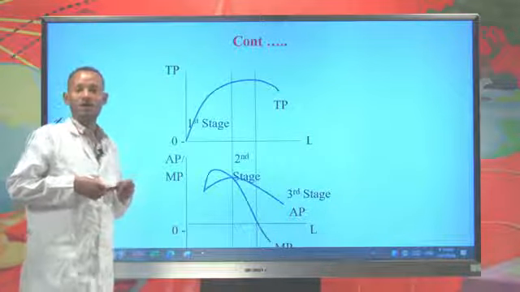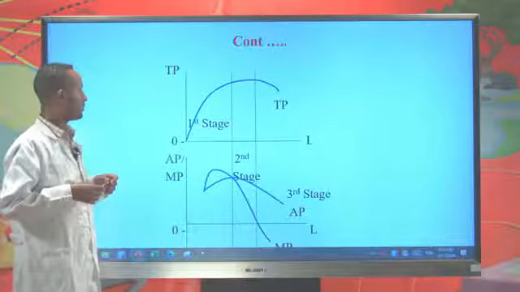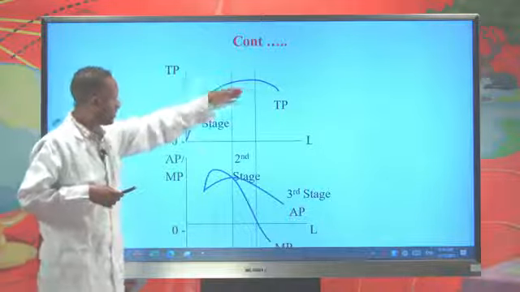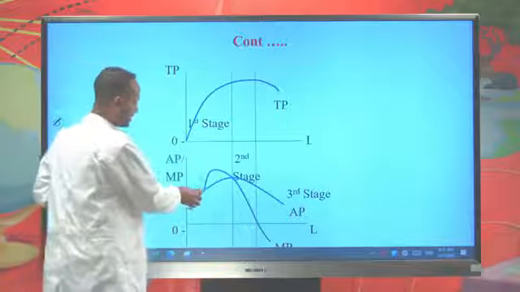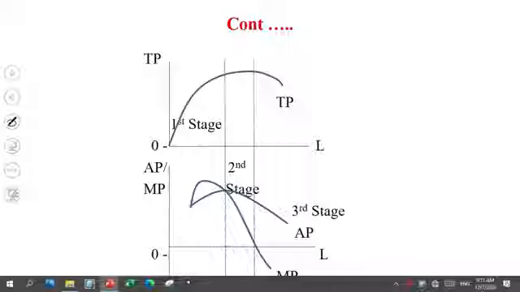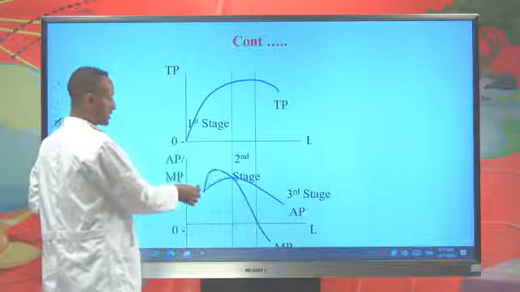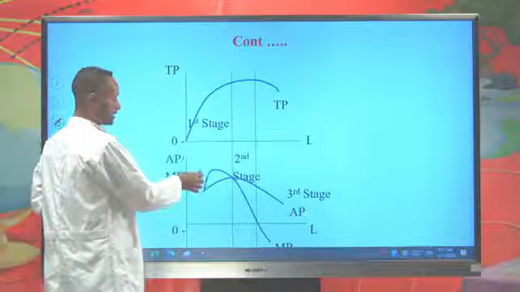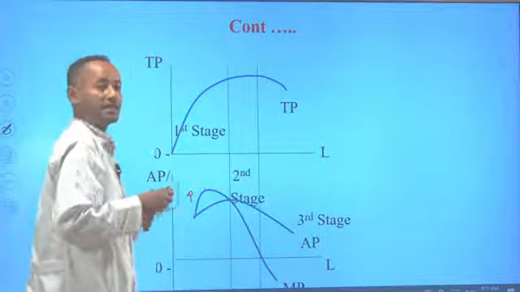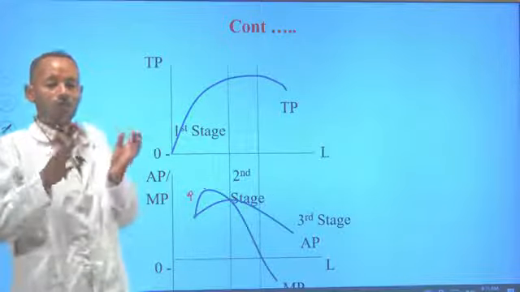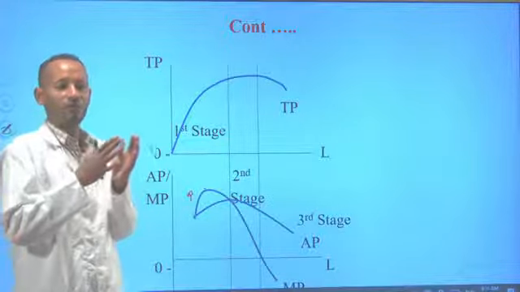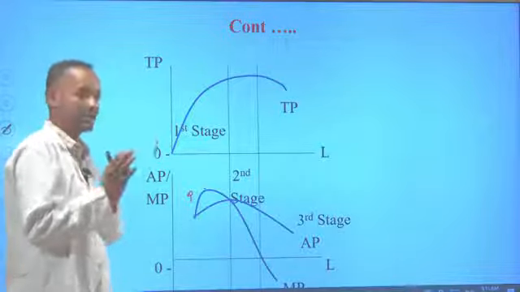First of all, let's see the relationships between the total product of the variable input labor and the marginal product of the variable input labor. Starting from this point to this point, the marginal product curve is increasing. That means MP is increasing, meaning the additional output that we get from additional implement of the variable input labor is increasing.